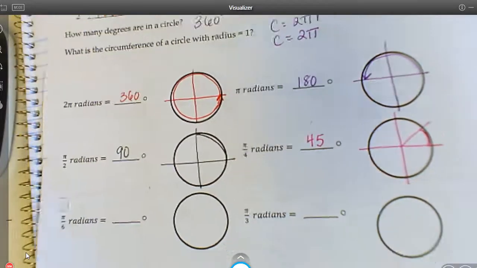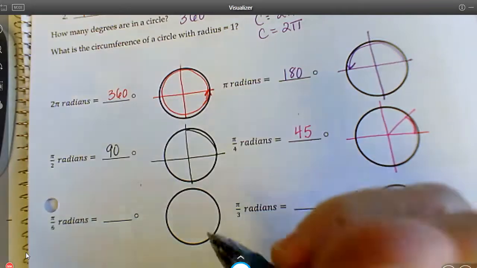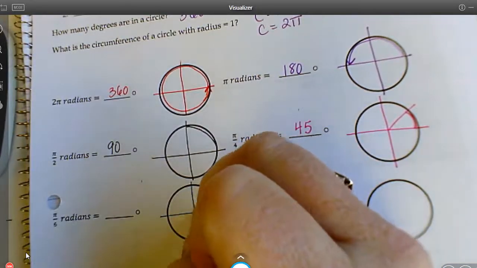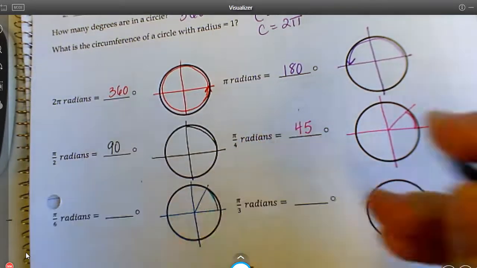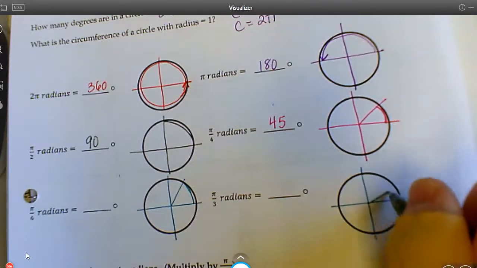Alright, the next two are a little harder to think about. There's not a good way to describe that one unless I try to draw it all the way around the circle. I do want to just kind of show you real quick. If I was talking about pi over 6, it's an angle that looks kind of like this right here. If I was talking about pi over 3, it's an angle that looks kind of like this right here.